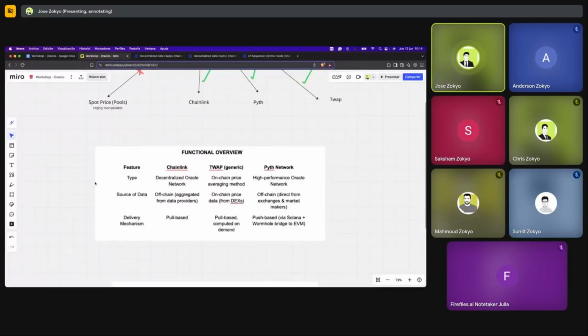So how is the data taken for each of these oracles? Well, for Chainlink, the data is taken off-chain, and then it's aggregated from these data providers. For the TWAP, the data is taken directly on-chain, fetching the prices from decentralized exchanges, DEXs, and pools.